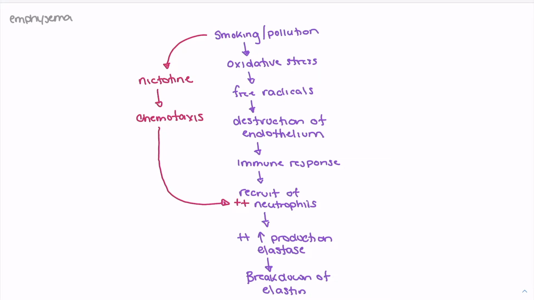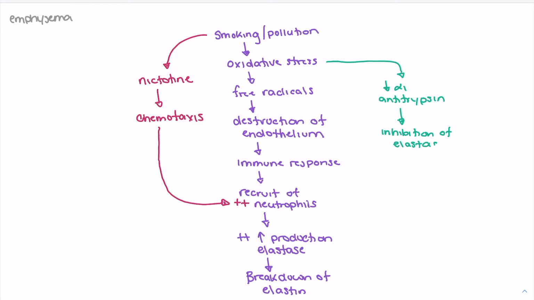The other problem that exists with smoking is that we're going to see oxidative stress, and that oxidative stress is going to lead to a decrease in alpha-1 antitrypsin function. So as we have oxidative stress, we decrease the function of alpha-1 antitrypsin, and just like we talked about before, the role of alpha-1 antitrypsin is to inhibit elastase.